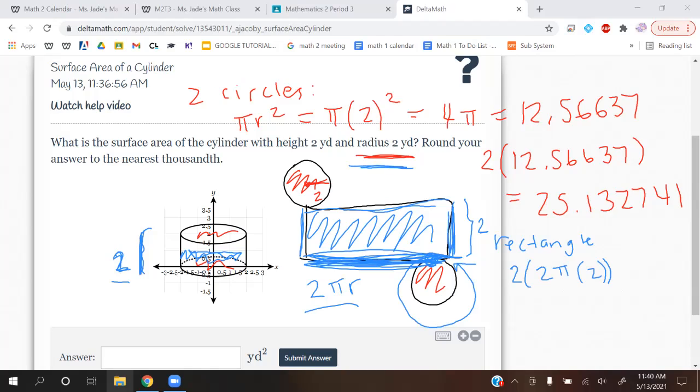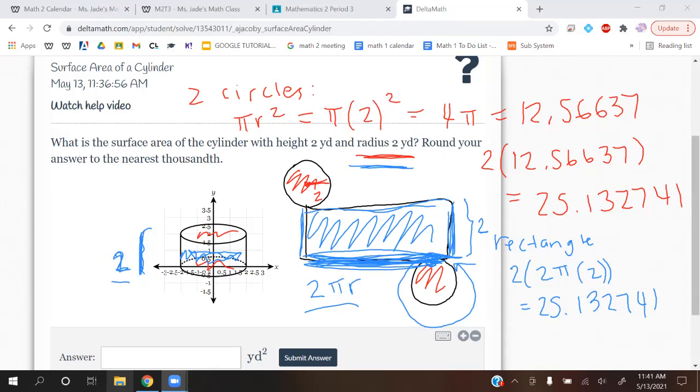So we have 2 times 2 pi times 2. And that gives me 25.1327. It gives me the same number, which is kind of funny, but whatever. So the rectangle actually has the same area as both of the circles combined.